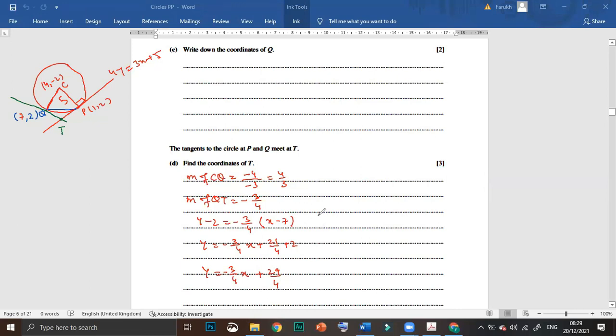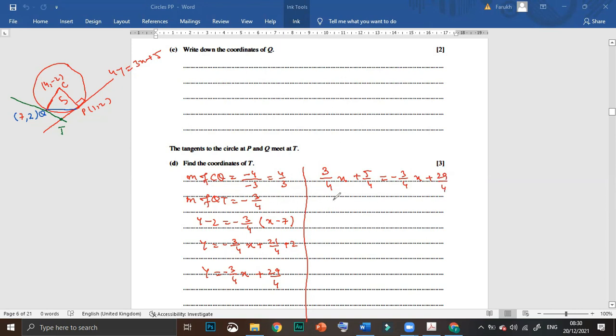Now we will solve the two equations to find out the point of intersection. From the equation TP, we have y is equal to 3 over 4 x plus 5 over 4. From the second equation, minus 3 over 4 x plus 29 over 4.